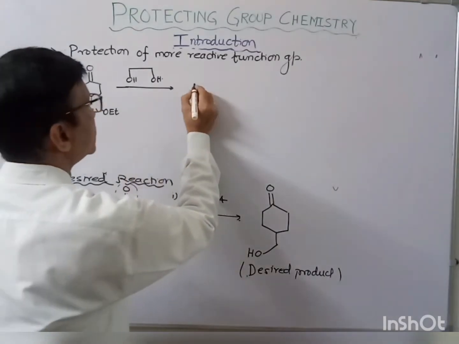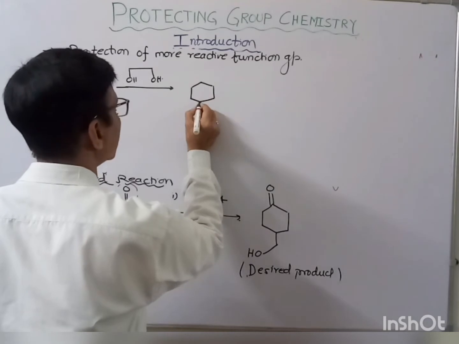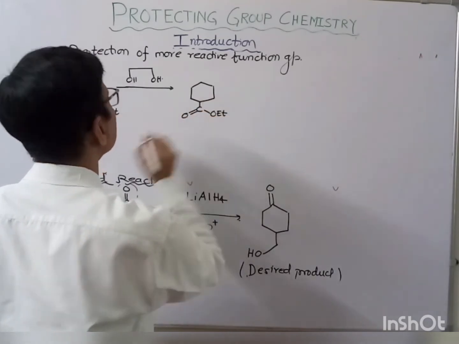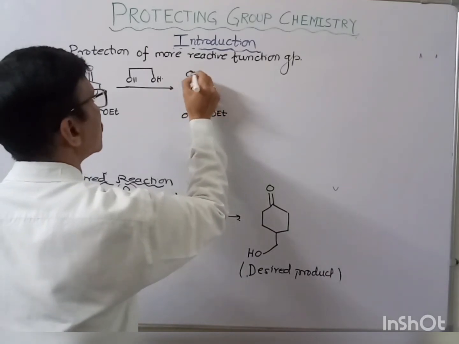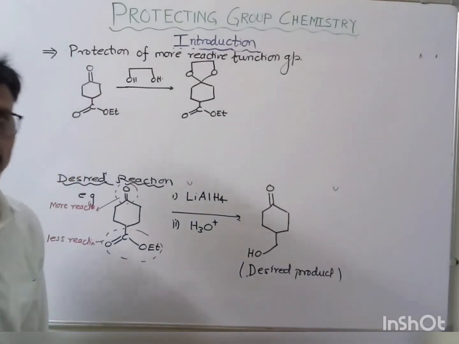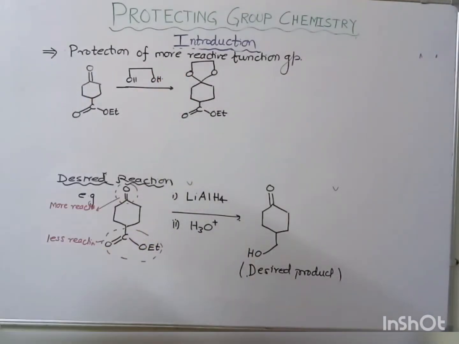After using the diol, it will get protected. So this is your product after protection. You have got the acetal, a cyclic acetal formed here.